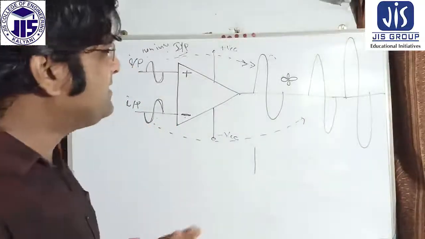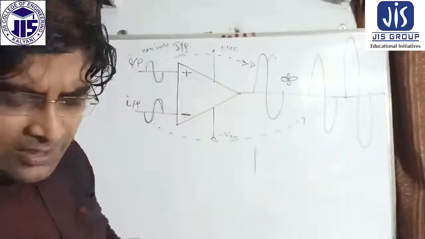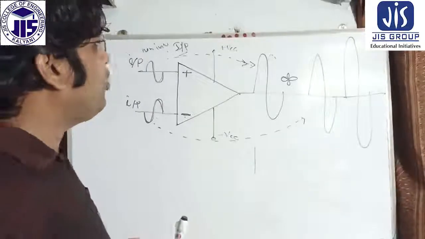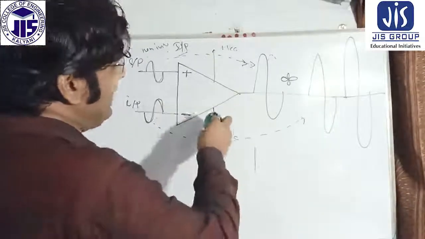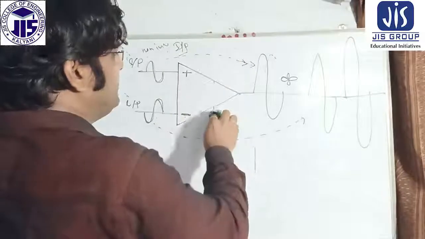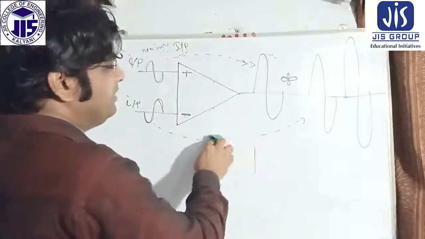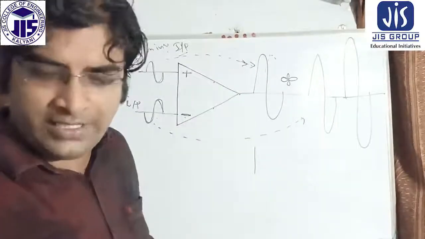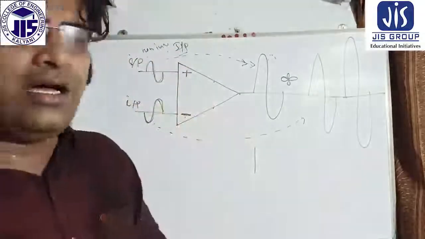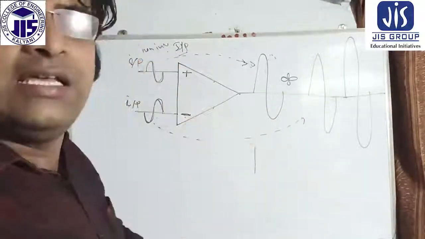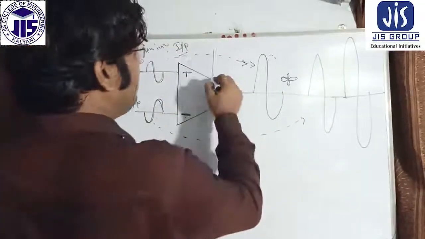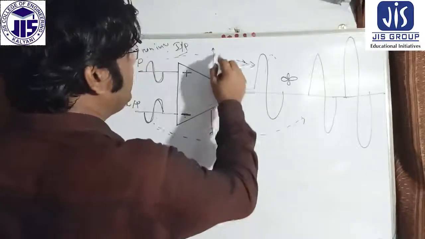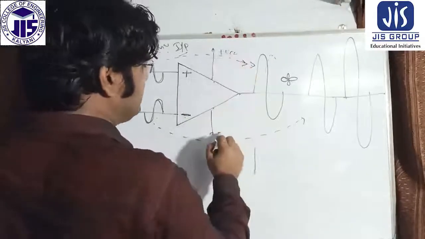Now you can draw the operational amplifier like that, or you can omit this part; it is not mandatory to give it, but it is there for understanding. But what is the reason behind plus VCC and minus VCC?